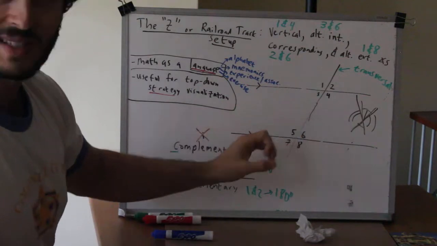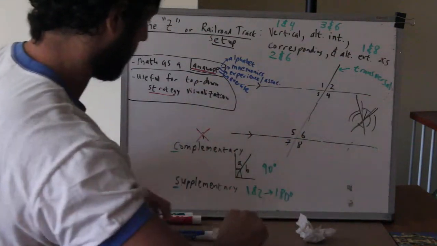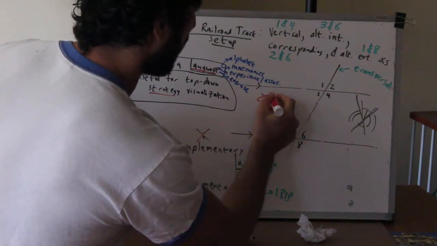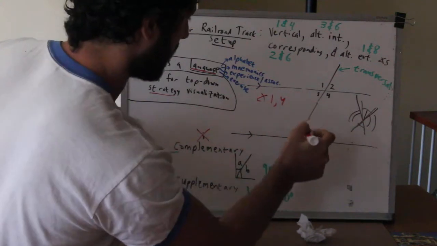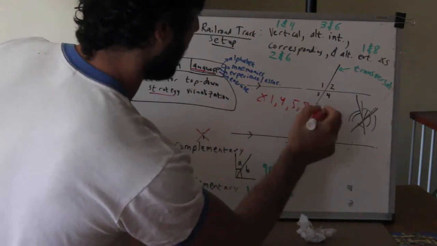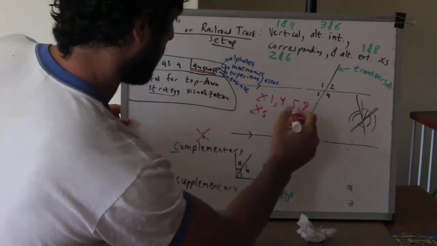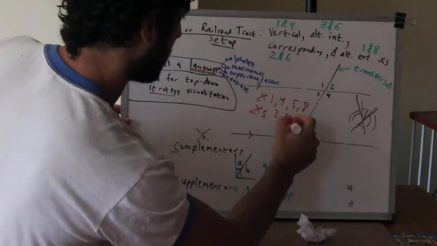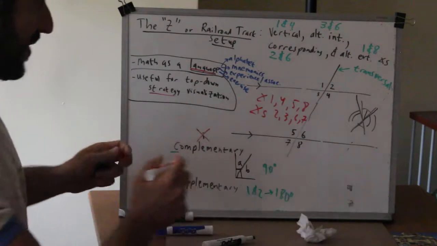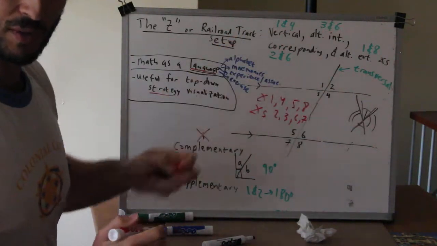In fact, in this setup, I should emphasize, angles 1, 4, 5, and 8 all have the same value, and angles 2, 3, 6, and 7 all have the same value. So you basically only have 2 different angles and repetitions of them all over in that diagram.